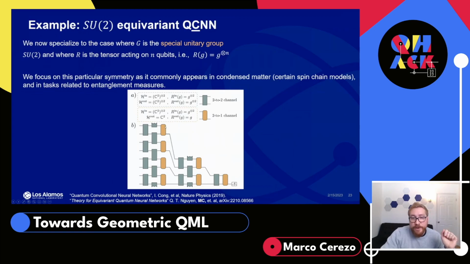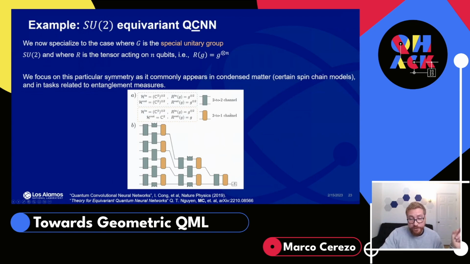But whenever I trash away a qubit, my input representation is I rotate the 2 qubits with the same unitary, but in the output, I just rotate 1. So you can see here that representations of your group might actually change during a circuit. And you have to create gates that respect those representations, right? So in this paper, we were able to characterize the space of all 2 times 2 channels and all 2 times 1 channels.